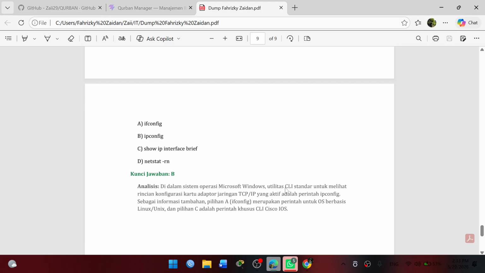Finally, the correct answer is B. In the Microsoft Windows operating system, ipconfig is the standard command prompt utility used to view active network adapter details, including the IP address, subnet mask, and default gateway. For reference, ifconfig is used in Linux or Unix systems. And option C is a Cisco IOS command.